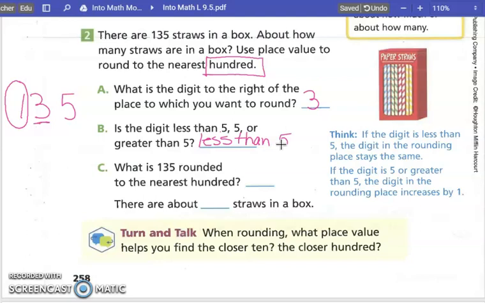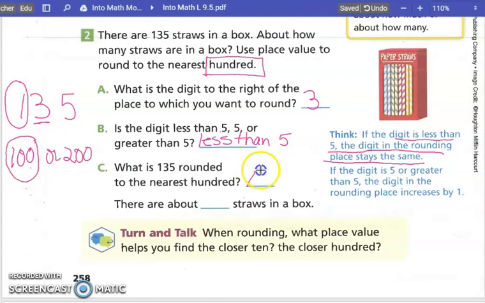Remember, if it's less than 5, we're going to follow this rule: the rounding place stays the same. So the hundreds place, it's 100 or 200, right? So we're going to keep it the same. So what are we going to round it to? 100. So there are about 100 straws in the box.